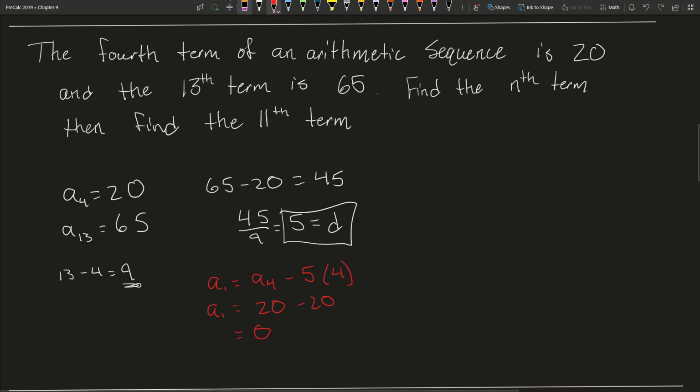All right, and then we have all we need for our rule.